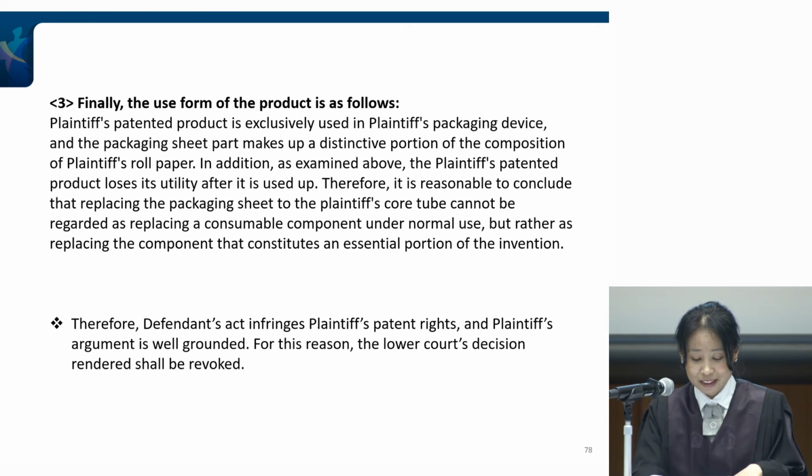Therefore, it is reasonable to conclude that replacing the packaging sheet on the plaintiff's core tube cannot be regarded as replacing a consumable component under normal use, and rather as replacing the component that constitutes an essential portion of the invention.